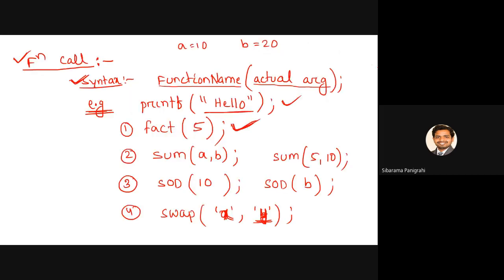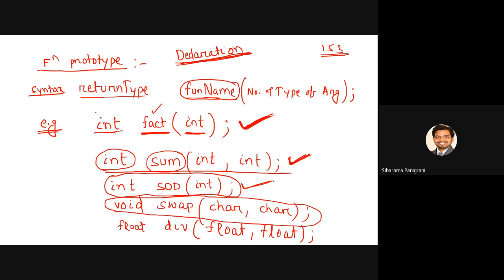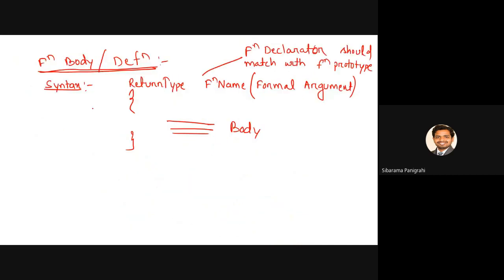What was the prototype of factorial function? Int fact int. So the first line: return type is int, function name is fact, and one variable int. But here you have to declare a formal argument, so any name you can take. So int number here.